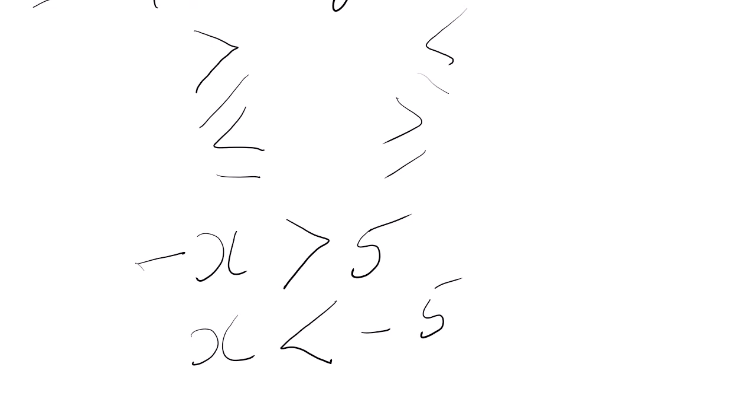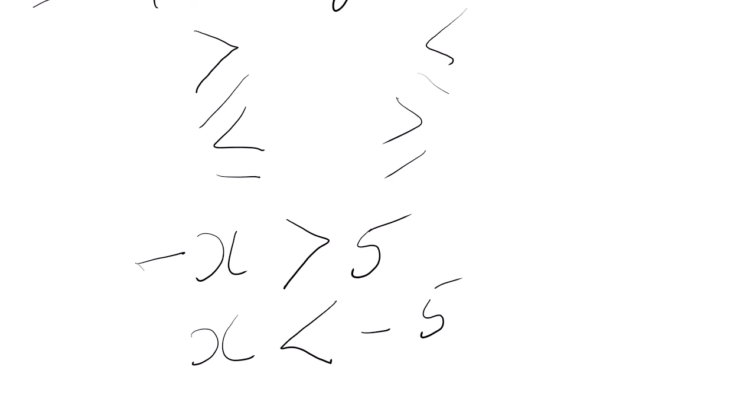So whenever you divide or multiply by a negative number, the inequality gets reversed. This follows the previous rule only. The main rule is that whenever you divide or multiply by a negative number, the inequality reverses. Otherwise, all the rules are the same. Whenever you add or subtract, nothing changes.